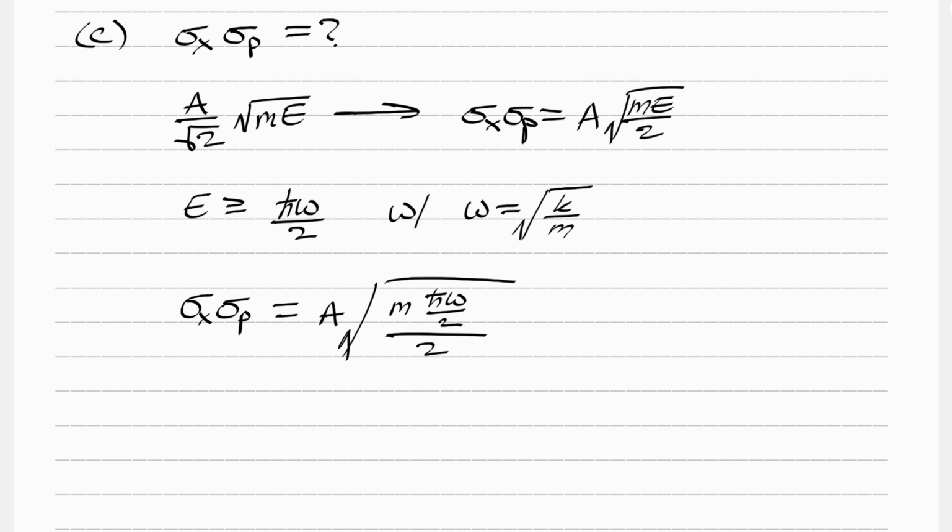So we can take the 4 out of the square root, pull it out front. That's a over 2 times square root of m h bar omega. And I think that's what the problem is getting at here. When we plug in h bar omega over 2, we can't take the energy to 0, and so we're left with some uncertainty. And so that just about wraps up the problem.